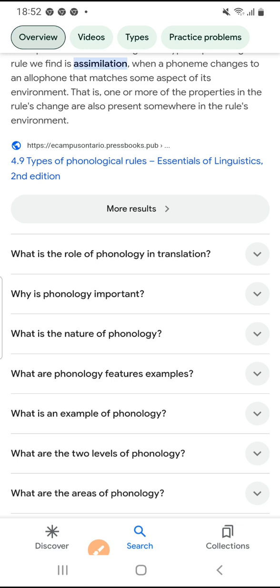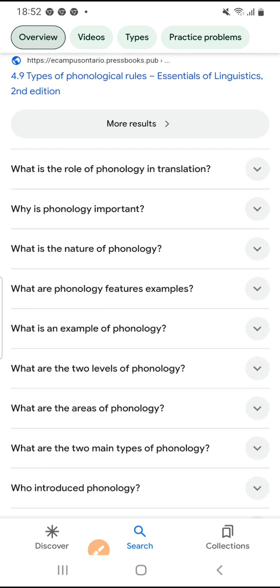I am just giving an example of assimilation, like cat, met, these are different words and different sounds. So that is when a phoneme changes to an allophone that matches some aspect of its environment, right?